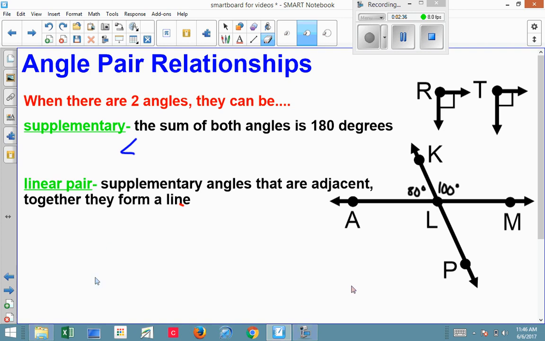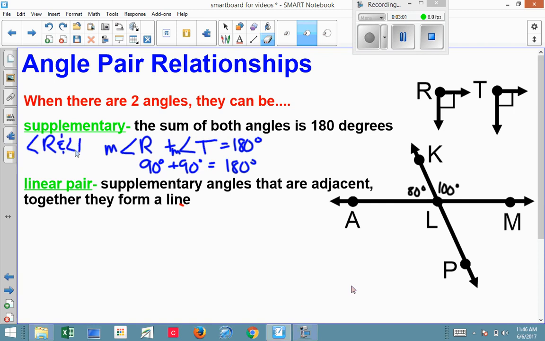So when I add the measure of angle R to the measure of angle T, I'm getting 90 degrees plus 90 degrees, which is 180 degrees. So the sum is 180 degrees, which means that angle R and angle T are supplementary angles, or the supplement of angle R is angle T, and the supplement of angle T is angle R.